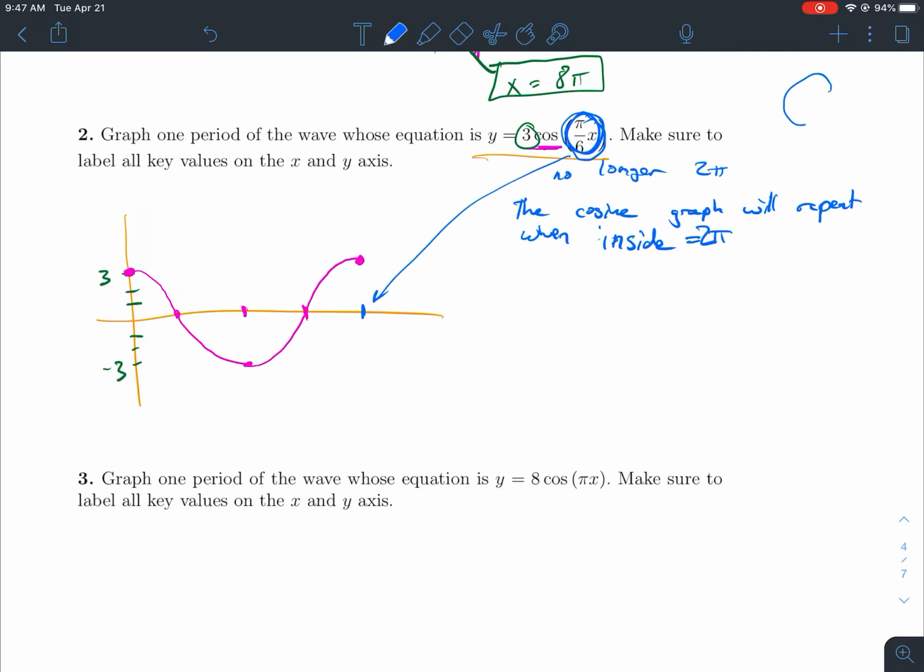Because when the inside is 2 pi, that will be a full circle. So to make the inside 2 pi, we set the inside pi over 6x equal to 2 pi.